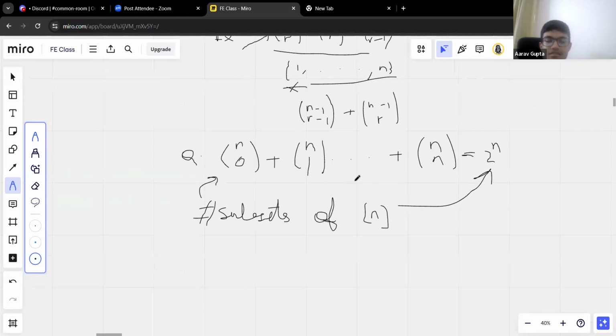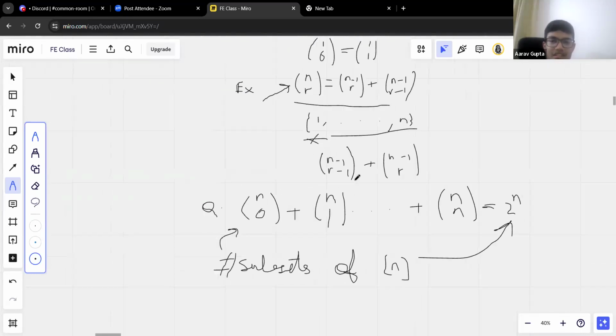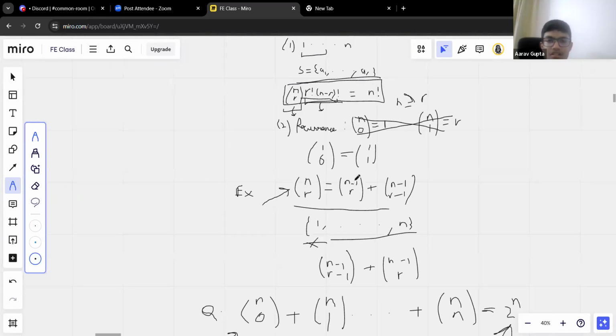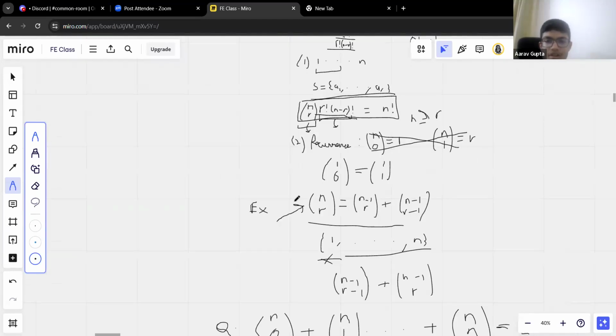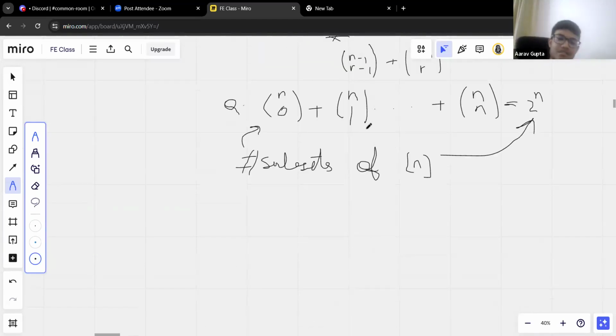Yes, that is correct. So basically, we can do induction as well. You count the number of sets of size n, where if n is in the set, then for the remaining n minus one elements, by induction you have 2 to the power of n minus one subsets and then you add n, or you can just have 2 to the power of n minus one subsets without adding n, which would add up to 2 to the power of n.